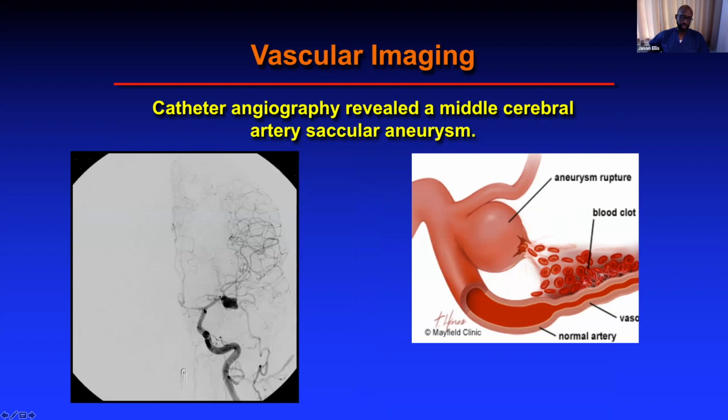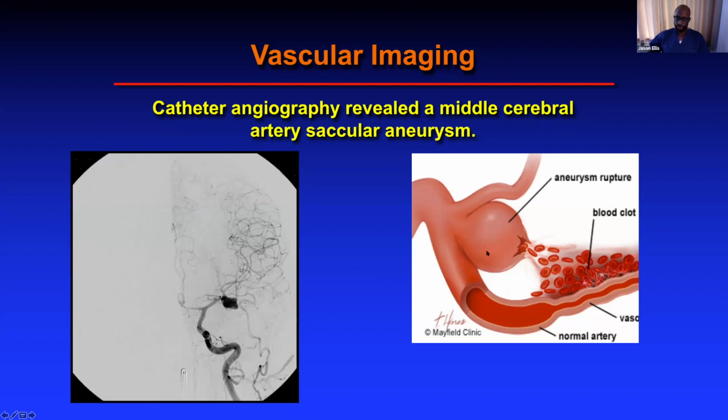The internal carotid artery bifurcates around here into the anterior cerebral artery, which you can see here, as well as the middle cerebral artery. You can see this irregular balloon-like appearance here, and that's the aneurysm. And that's coming off the middle cerebral artery, actually at the bifurcation.